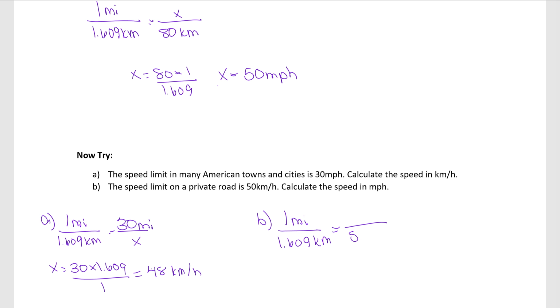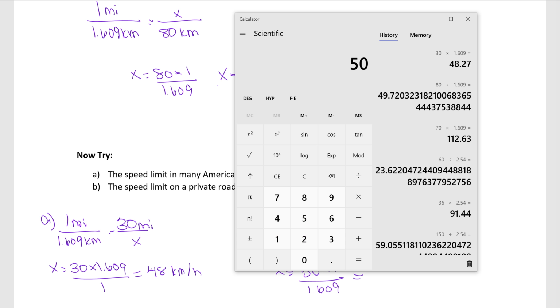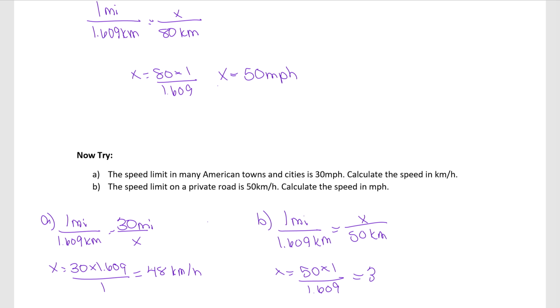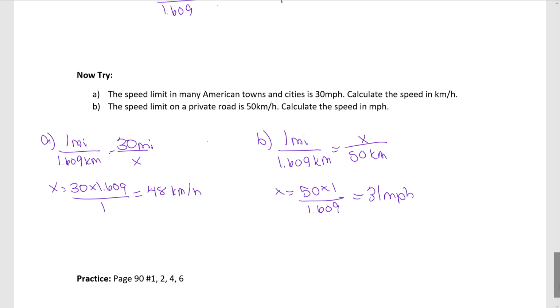This time we put the 50 in the bottom, in the denominator, and we end up with 50 times 1 divided by 1.609, and we get 31. So 31 miles per hour is equivalent to 50 kilometers per hour. Okay? So if you'd like more practice with those conversions, you can try page 90, 1, 2, 4, and 6.